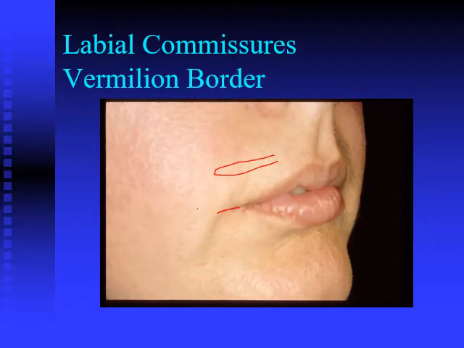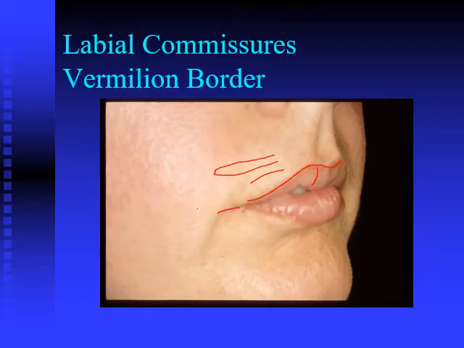So we have the regular keratinized skin, and then we come to an area beginning laterally at the labial commissures called the vermilion border. Vermilion is another term for red color, so this is the red border, and you can see that the tissues make a transition from the keratinized tissues of the skin to the non-keratinized mucosa of the lips, and then as we go in, we'll go into the interoral mucosa.